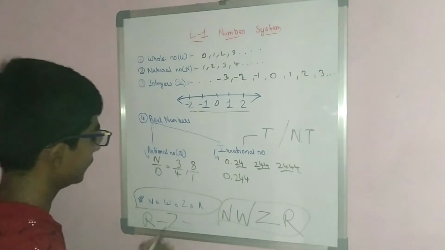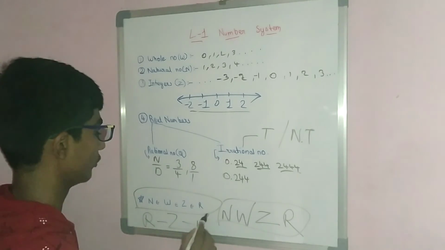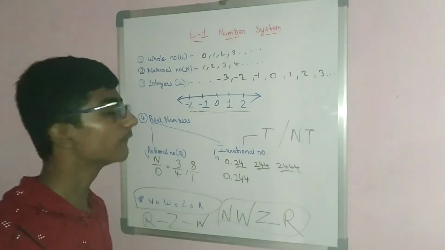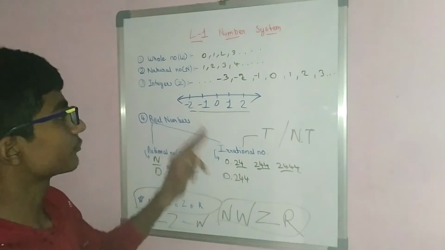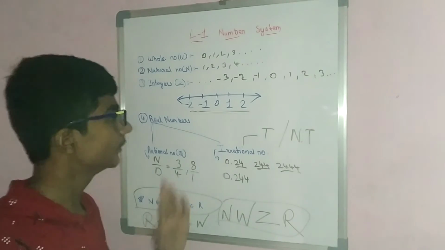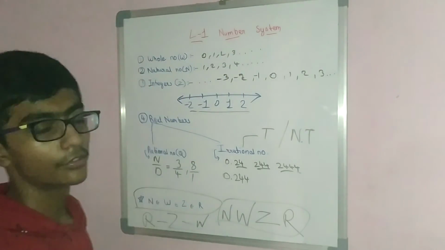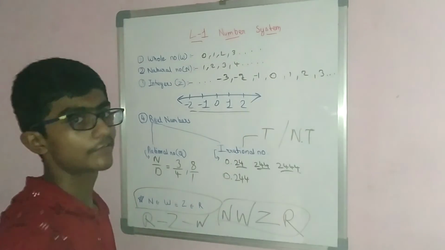Then can we say that the integers are whole numbers? No, we cannot say that all the integers are whole numbers, because -1, -2, I already told you that the negative side is not coming in the whole numbers. The whole numbers only have the positive side.